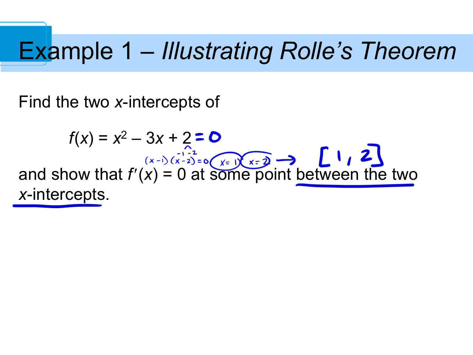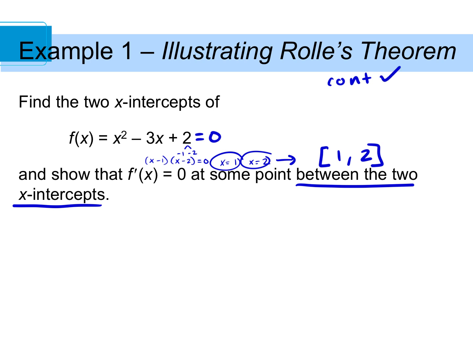Now in order to use Rolle's theorem, we have to check 3 things. We need to make sure it's continuous. Is our graph continuous between 1 and 2? Is there any value that I can't plug into x here? No. What's the shape of our graph? A parabola. And we know that a parabola is continuous.